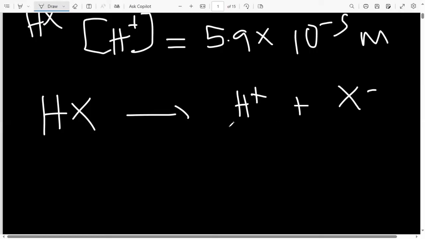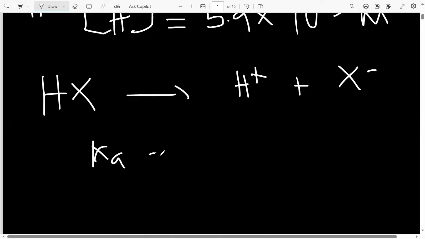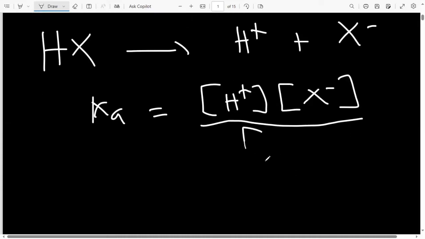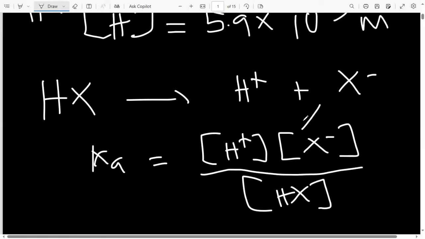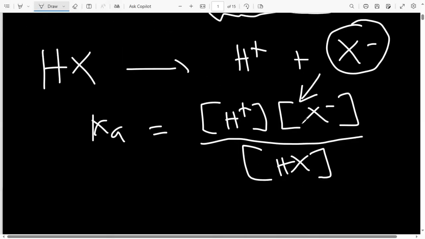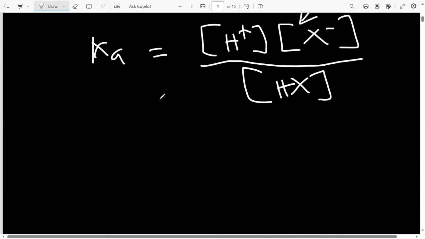So to find the Ka, we say Ka is equal to the product: the concentration of hydrogen ions multiplied by the concentration of X, which is the conjugate base, divided by the concentration of HX. The concentration of X is the same as the concentration of the hydrogen ions.